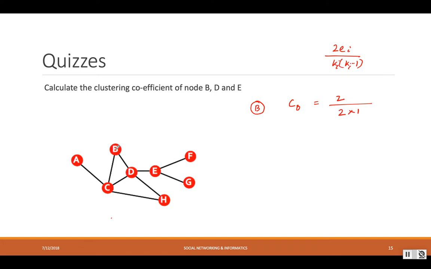B has these two friends C and D, and we actually have one connection between C and D. So 1. So the clustering coefficient of B is 1.